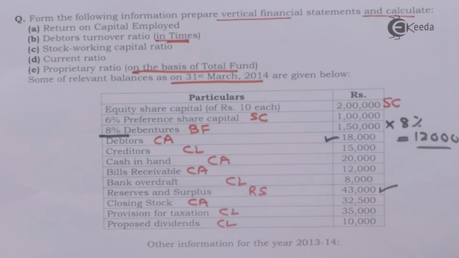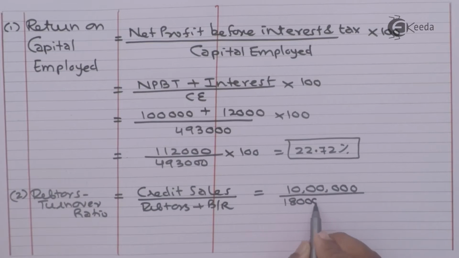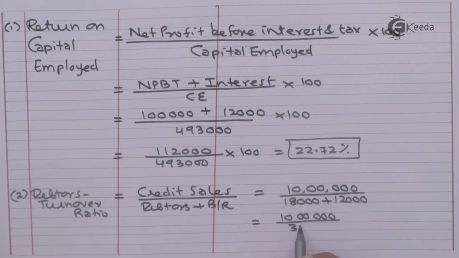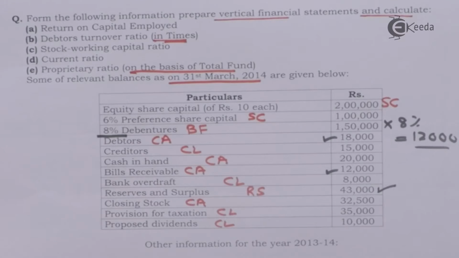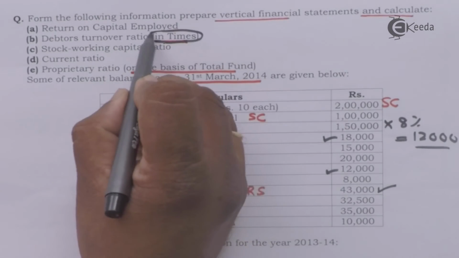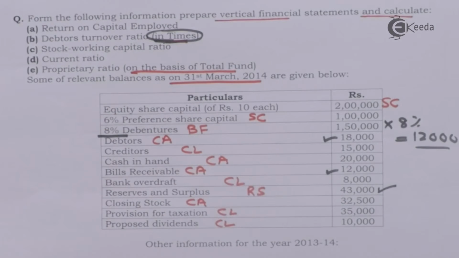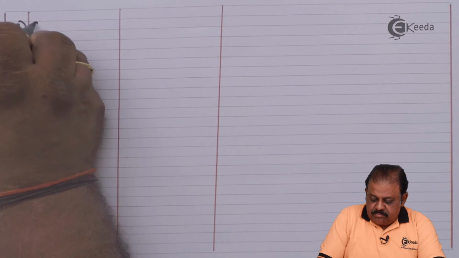Debtors we have 18,000, bills receivable 12,000. So we get debtors turnover ratio 33.33 times. It was asked in question that it has to be calculated in times. 33.33 times.